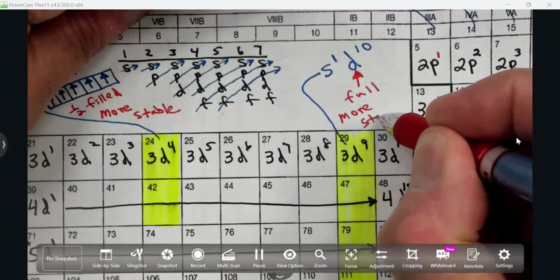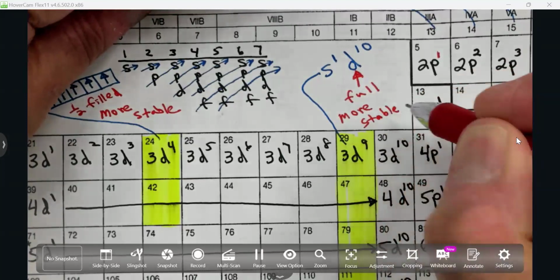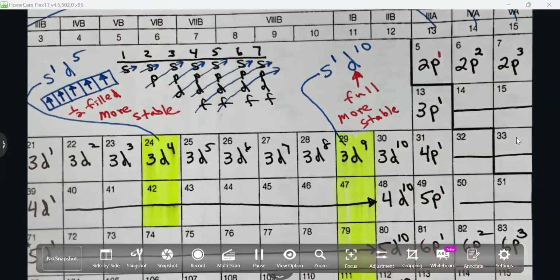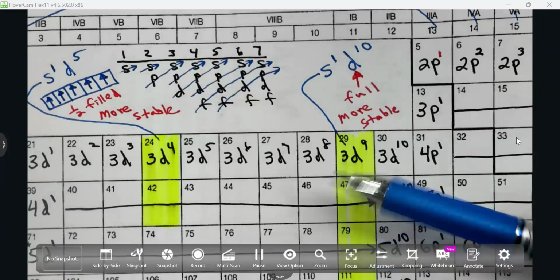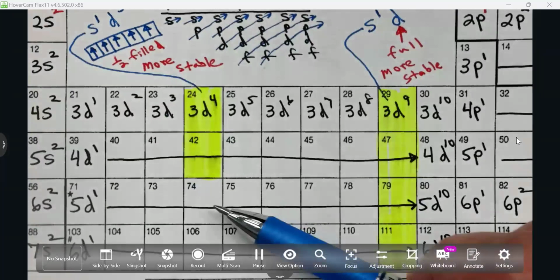More stable. So some of this you can explain, makes sense, makes it more stable to take one out of the S, fill up that D. But again, like I say, once you think you've got it figured out, all of these do it, and then here tungsten doesn't do it.